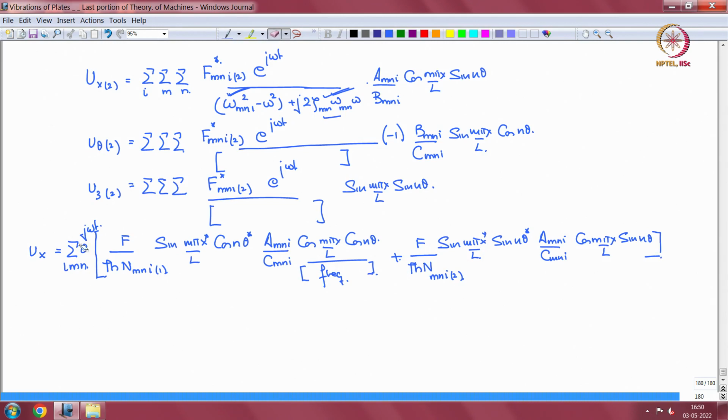So we can elegantly put this on the left, I suppose, e to the power of j omega t.